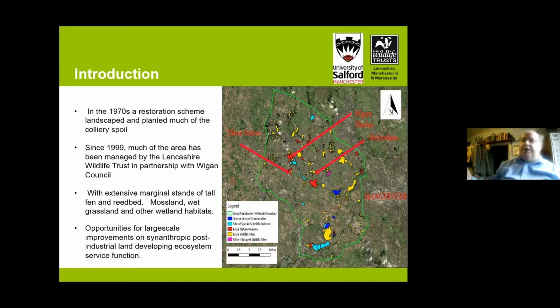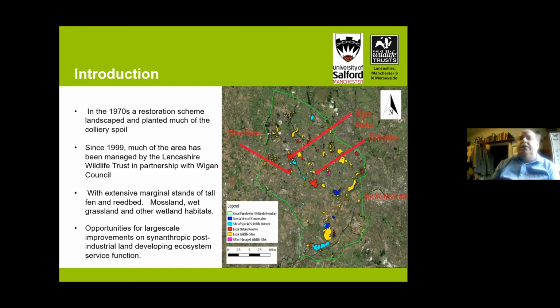It restored some of the grasslands, and it developed a matrix of wildlife habitats across the area that this paper looks at. And since 1999, in partnership with Wigan Council and other partners, we've been managing much of this Wigan landscape. So in partnership with the council, we manage 1,500 hectares of urban green space for conservation and the community.